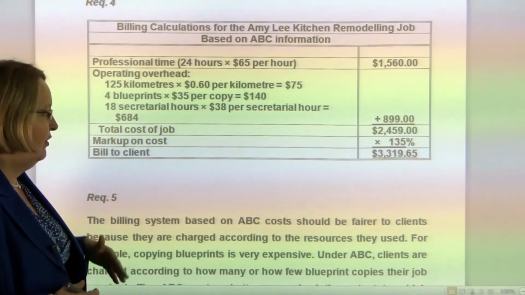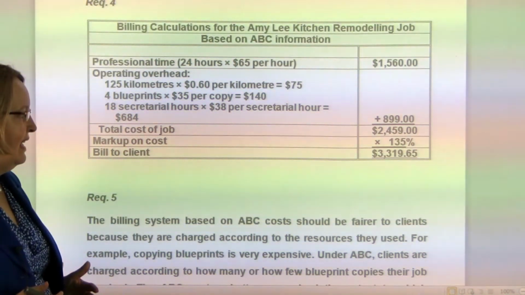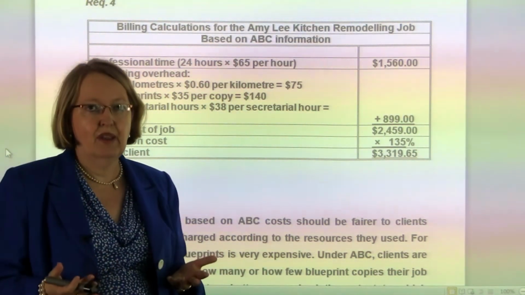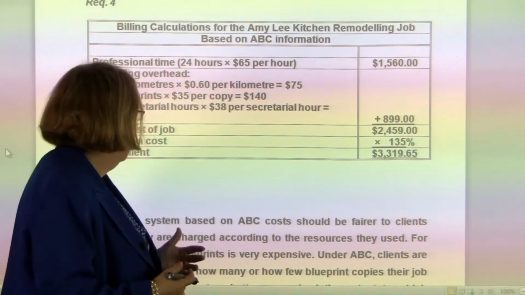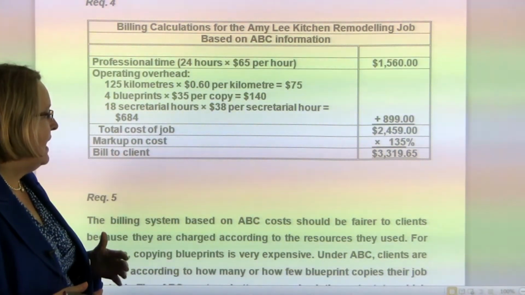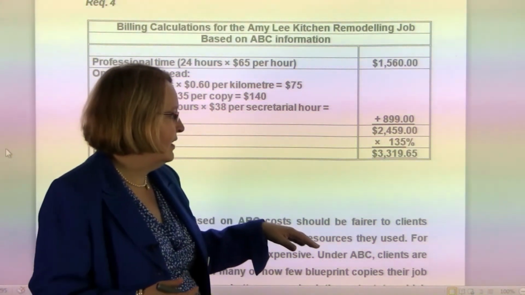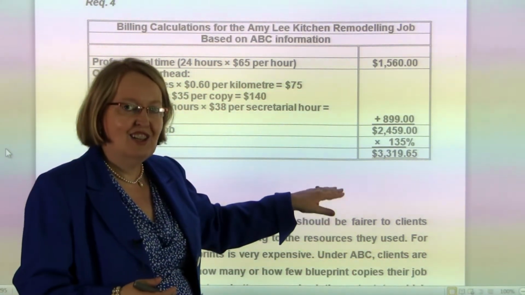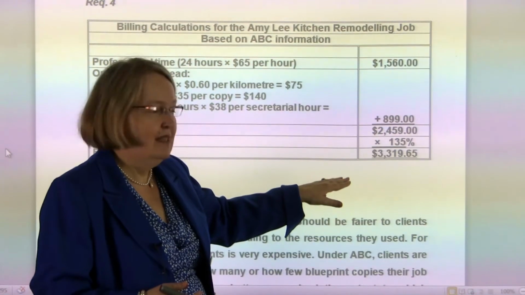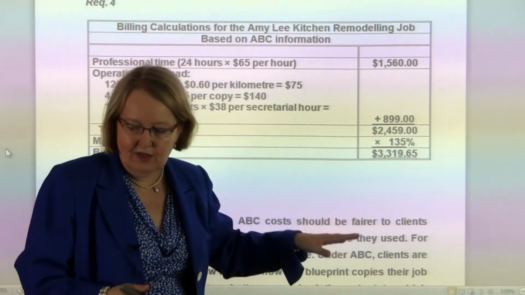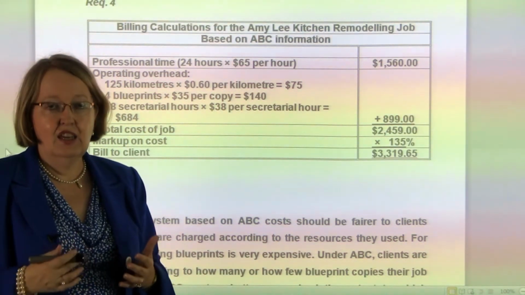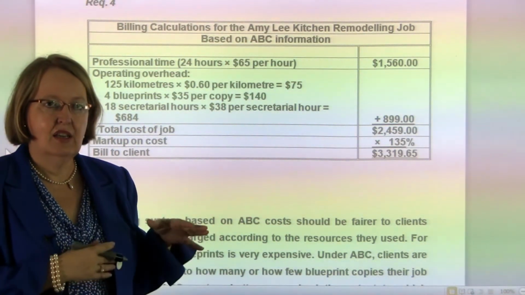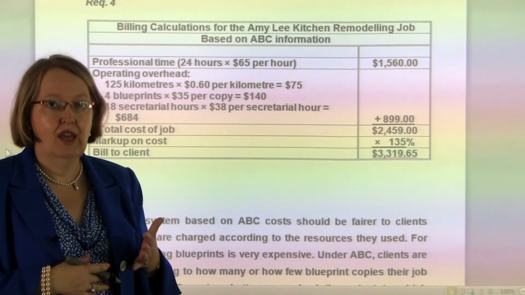And now we have a new cost base, and of course we're going to increase that by the 35% because that's our arrangement, that's our markup. And so now, in this particular instance, you would be billing the client $3,319.65.